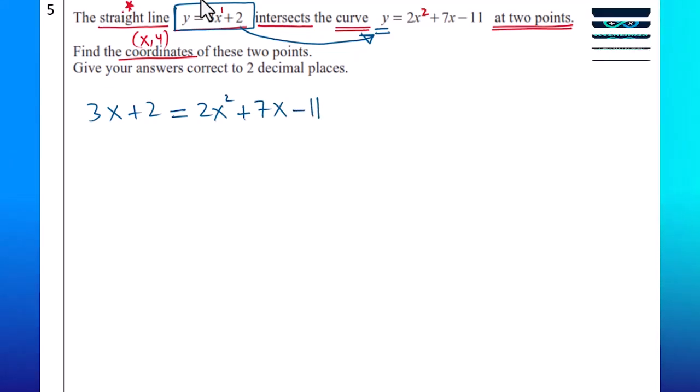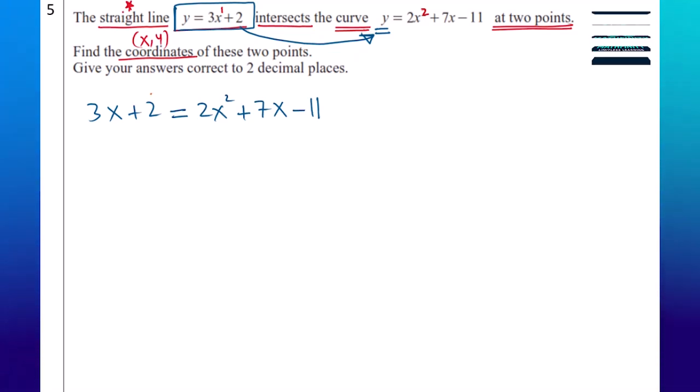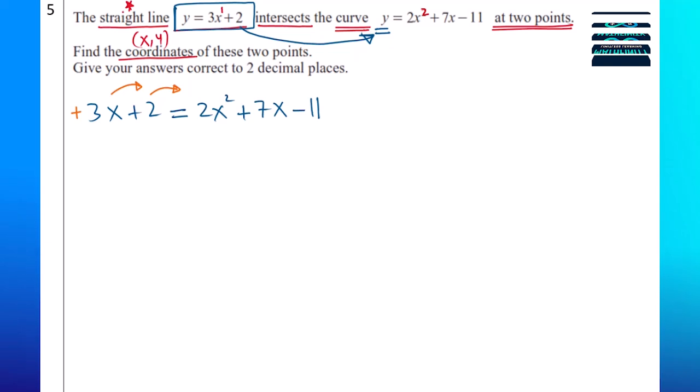And after this, we have to arrange it like a general form for a quadratic equation. So we have to shift these two things to the other side. And please don't forget to change the sign. So we will write 2x squared plus 7x minus 11. And these two positive things are going to the other side, so we have to change the sign.